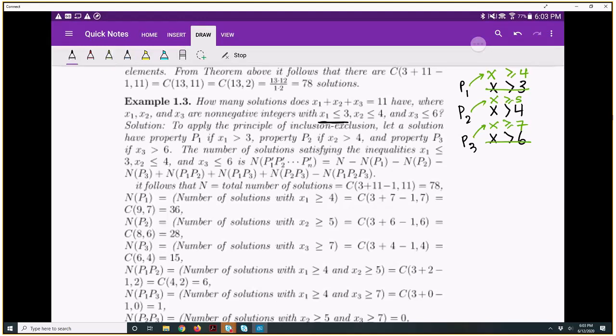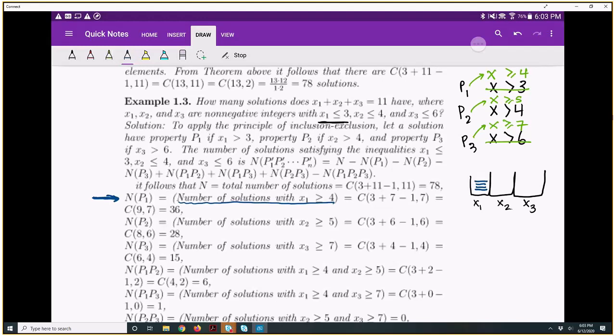So again, we're thinking of these boxes, x1, x2, and x3. And let's look at here n of P1, so the number of elements possessing the first property. And it tells us that's the number of solutions with x1 greater than or equal to 4. So imagine I need to place 11 units into these 3 boxes, but I've already placed 4 in the box x1.